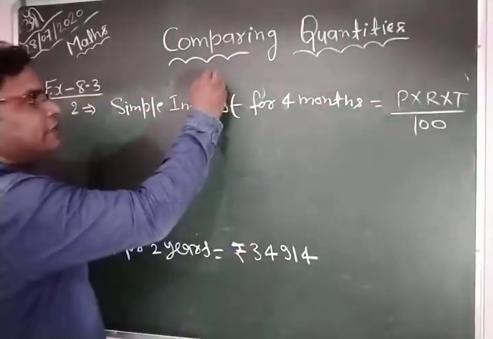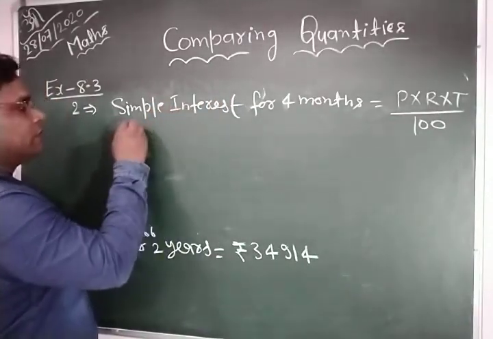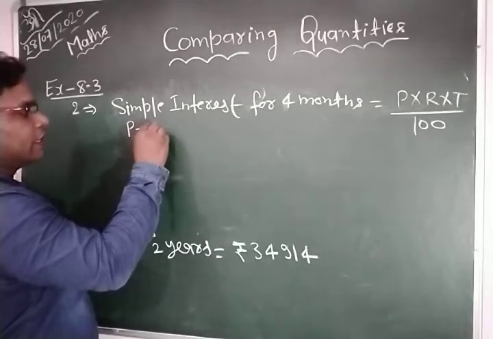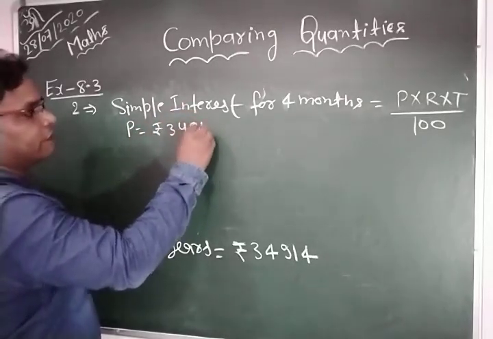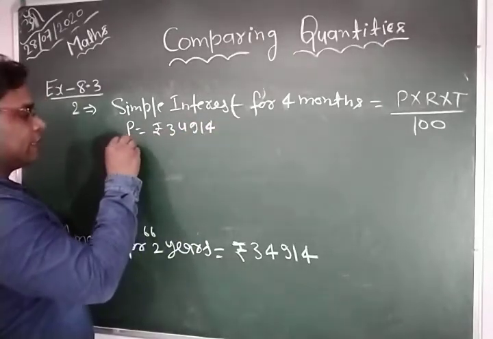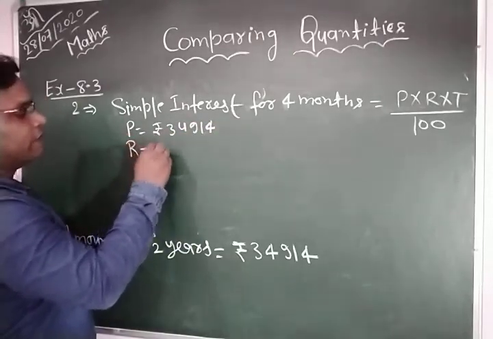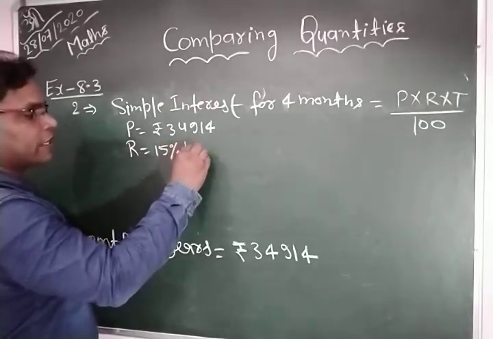So you can write here principal for this. Okay, so principal is equal to rupees 34,914. This is the principal, and the rate is equal to 15% per annum. Clear?